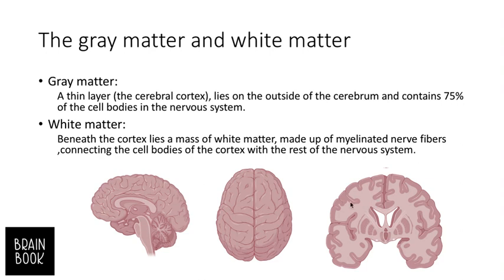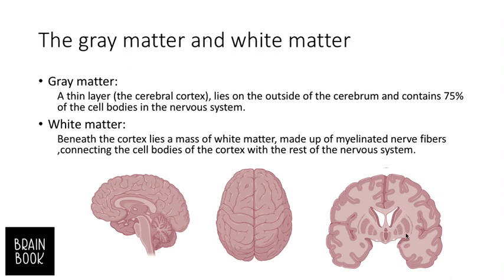And how about white matter? The white matter is not visible from the normal brain. As you can see here, there is no white matter, or here, as you can see, there is no white matter, because it is beneath the cortex, and it is made up of myelinated nerve fibers, connecting the cell bodies of the cortex with the rest of the nervous system.